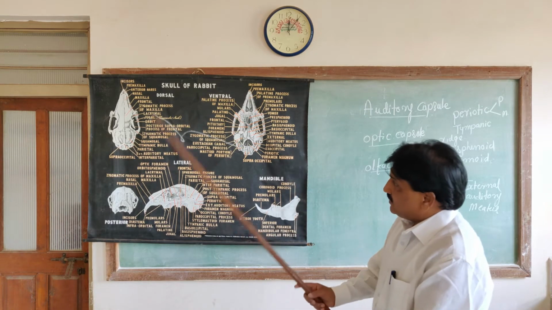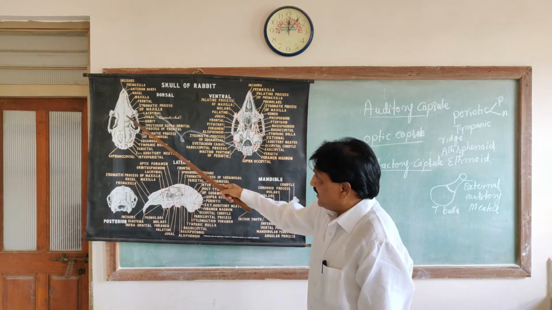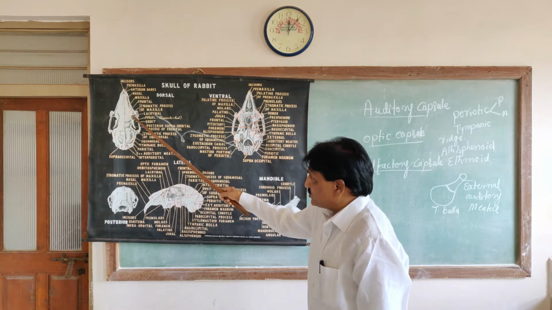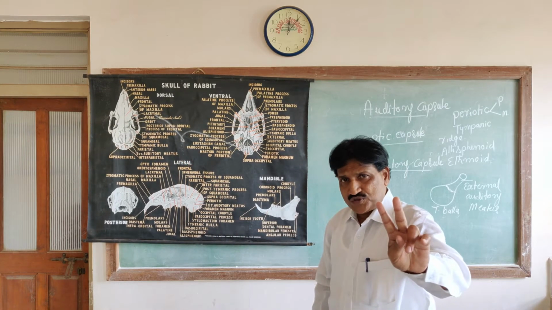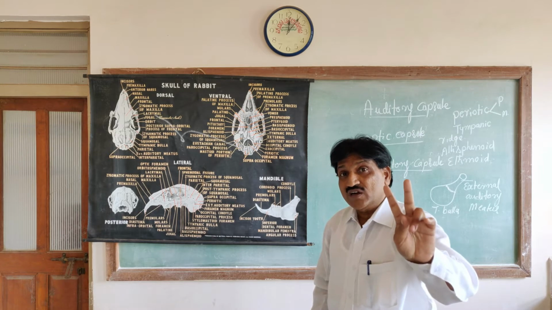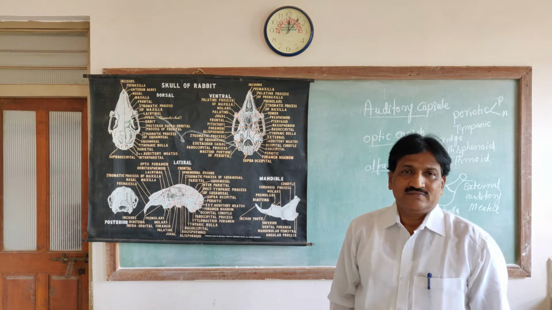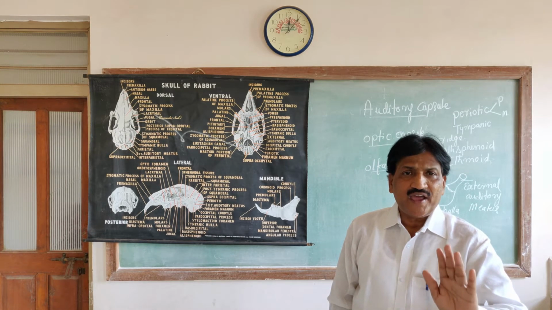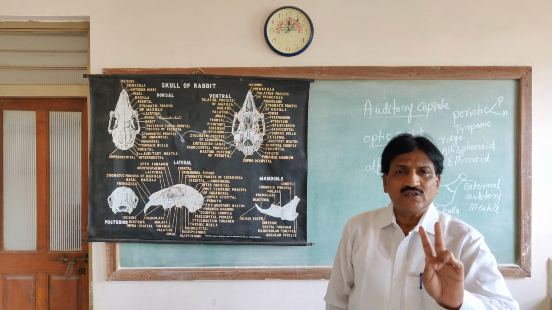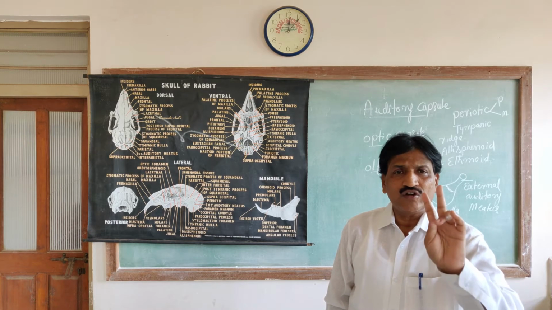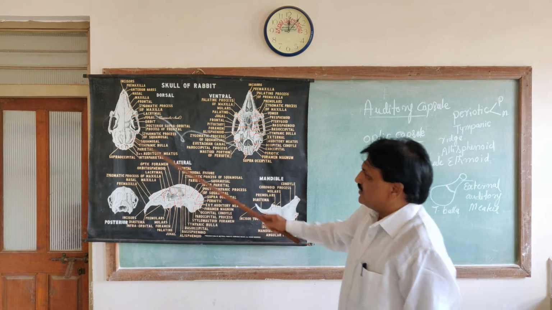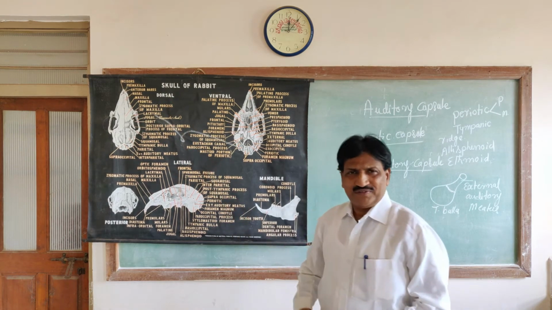Now here on the dorsal side there are two bones, two frontal bones. They are rectangular in shape.